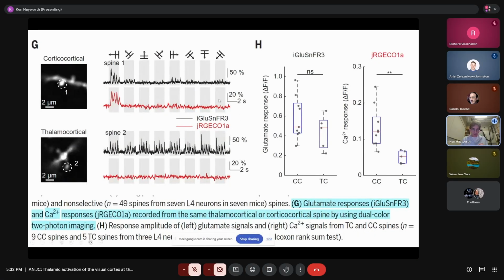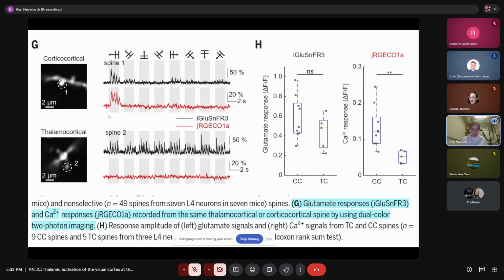And so they could look at these purported corticocortical synapses that were orientation selective, et cetera, and they could see that every time that they saw glutamate presynaptic activity, they would also see a calcium transient.